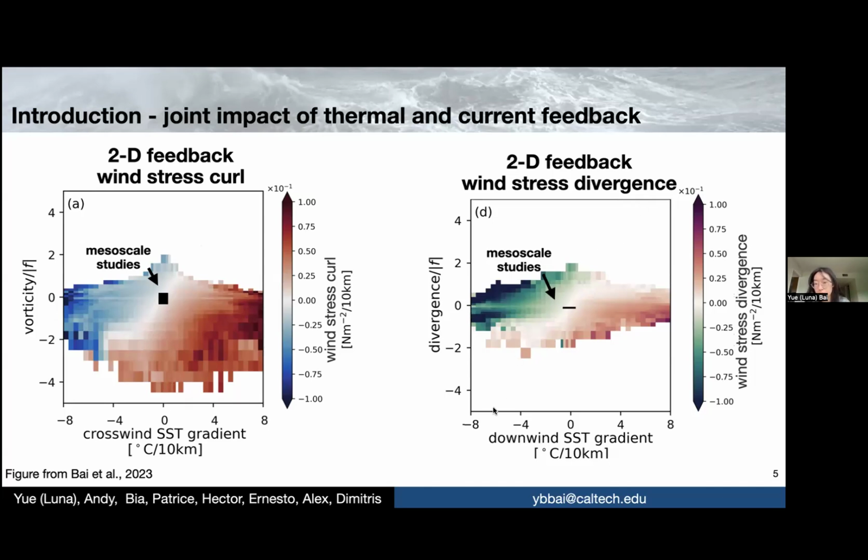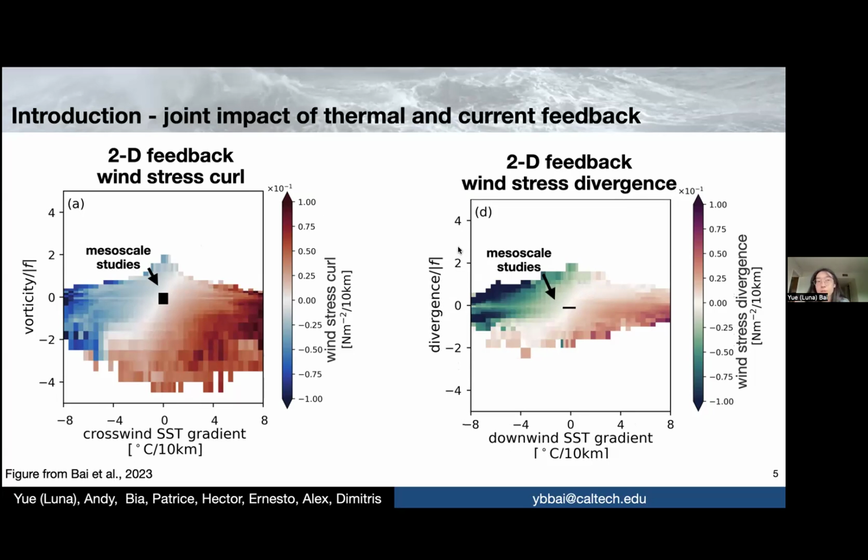We also have this tilted zero line, and so this also suggests that wind stress divergence is positively correlated with SST gradient and negatively correlated with ocean surface divergence. And these two are also working together to modify small features in the wind stress divergence.